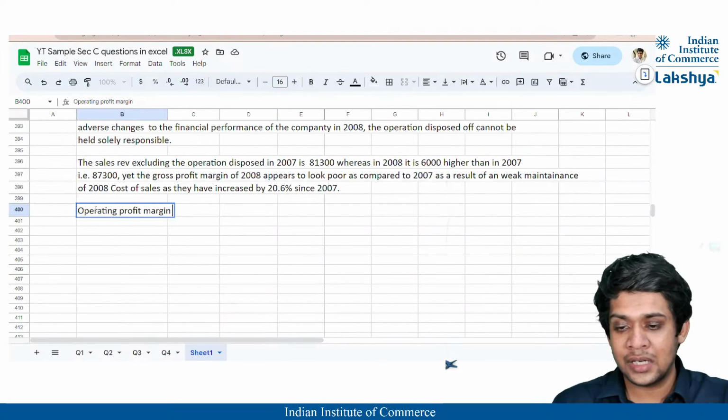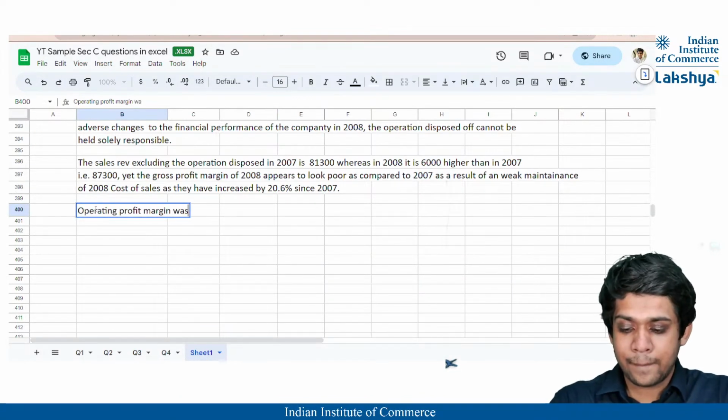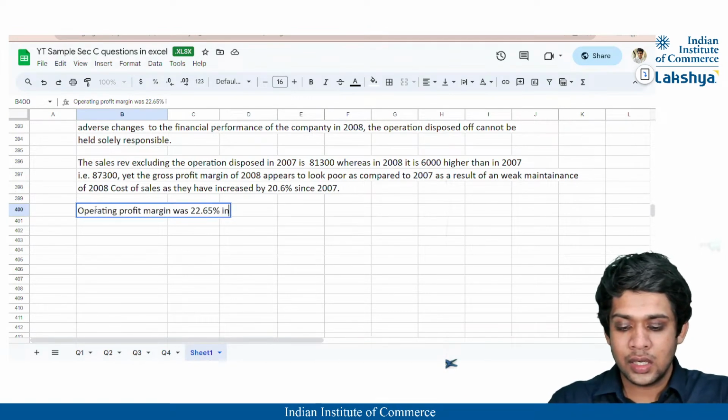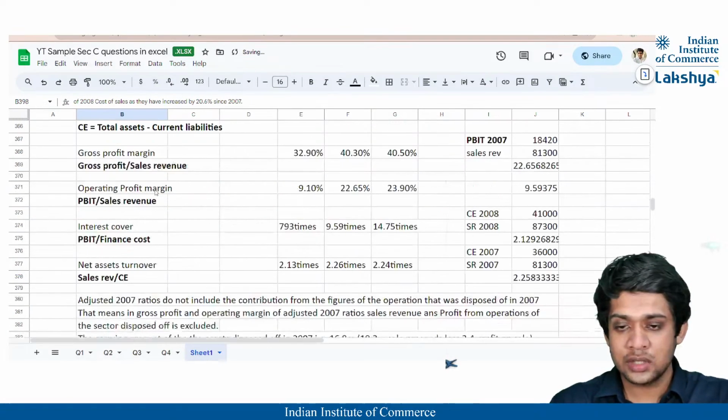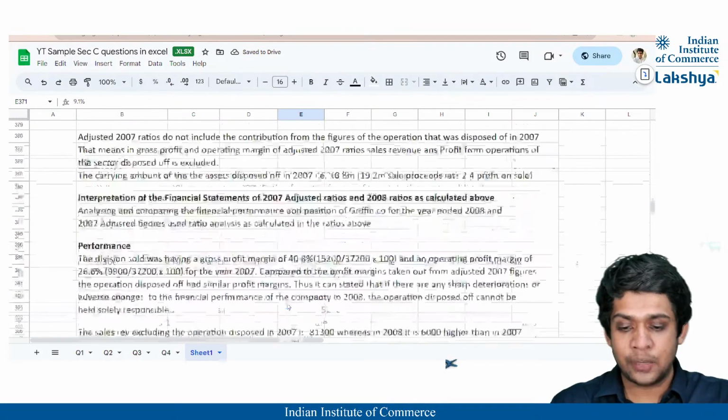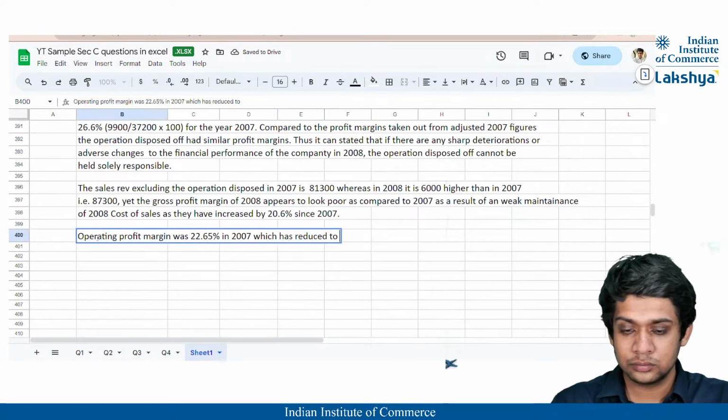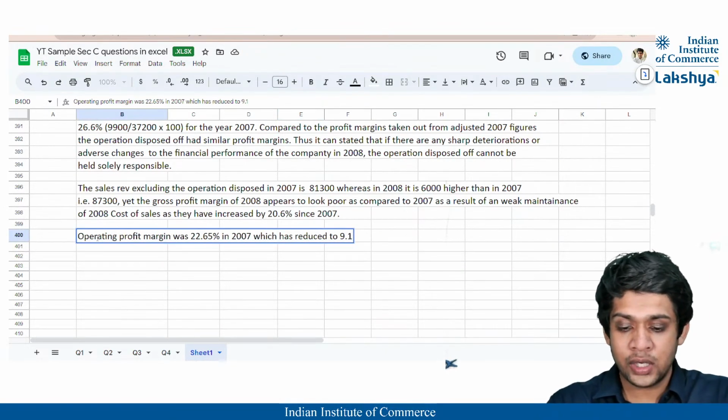So operating profit margin was 22.65% in 2007, which has reduced to what percentage? 9.1%.